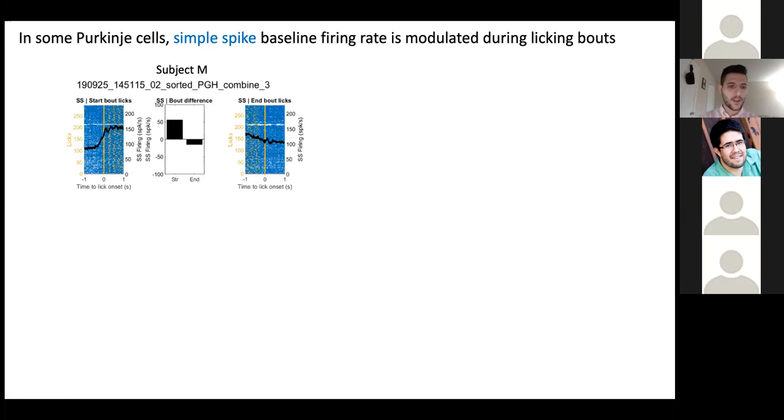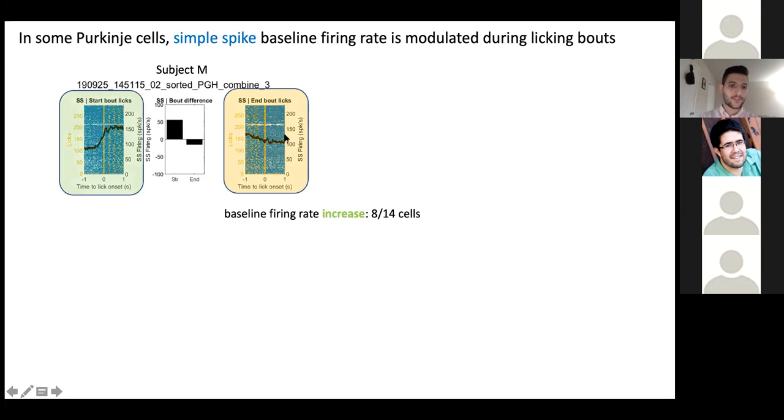Start corresponds to the average firing rate in the 1 second after a bout's been initiated, subtracted from the baseline firing rate of before, and then vice versa for the end bout licks. So you can see here that at onset of a licking bout, the baseline firing rate increases and decreases after a bout has ended, and I've seen this in 8 of 14 cells that I've recorded from.